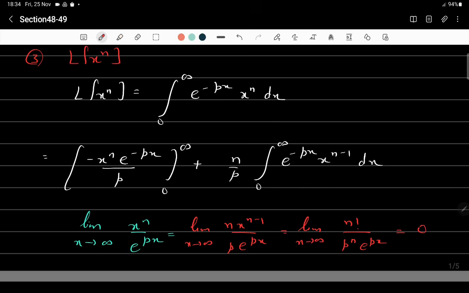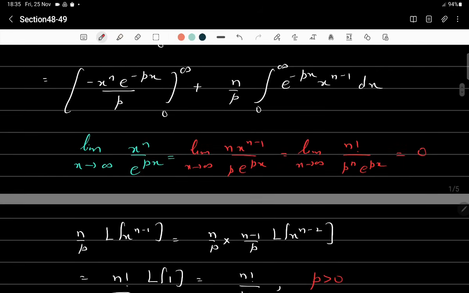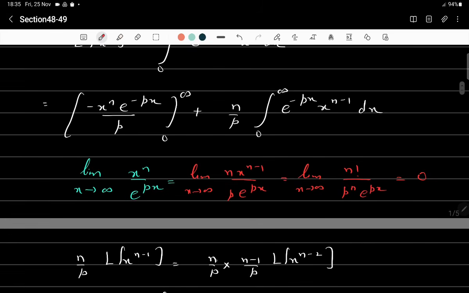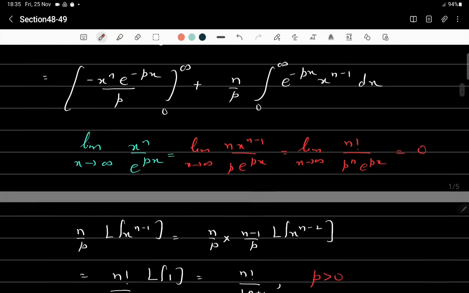Now if you see the second term and if you integrate it again, then you will get n minus 1, and here you will get x raised to the power n minus 2 and the denominator p square. If you keep doing it, something like this, n by p and Laplace of x raised to the power n minus 1. Next is n by p multiplied by n minus 1 by p and Laplace of x raised to the power n minus 2.